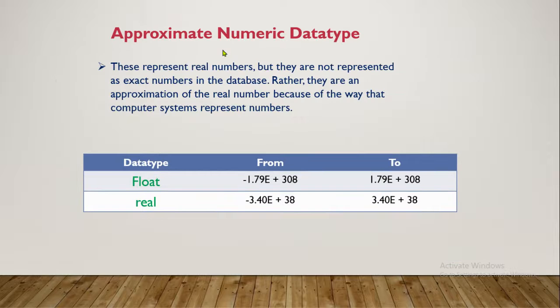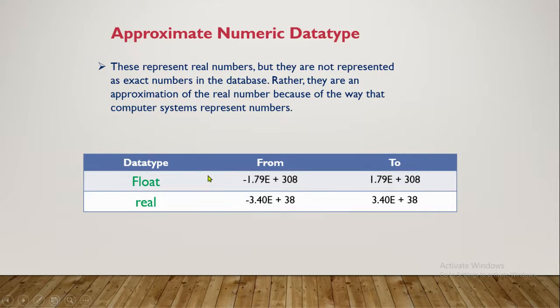Now the next data type, approximate numeric data type. These represent real numbers, but they are not represented as exact numbers in the database. Sometimes we have to use fractional numbers, and at that time we use data types like float.